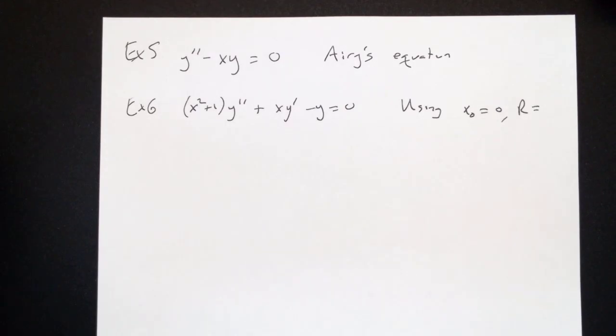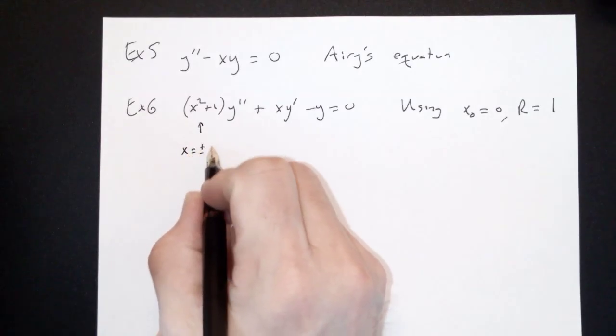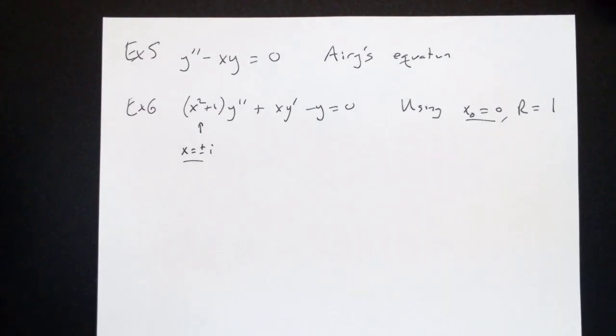The roots are plus or minus i, so the distance from the origin to that is 1. Exactly. So my radius of convergence is 1, because the roots here are i, and I look for the distance to the nearest one. That's how I find the radius of convergence for my power series.